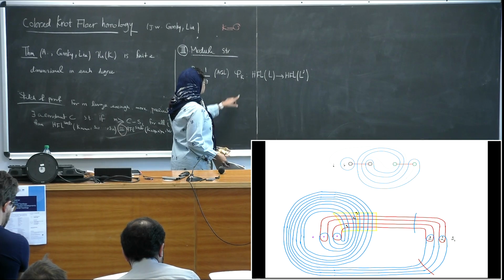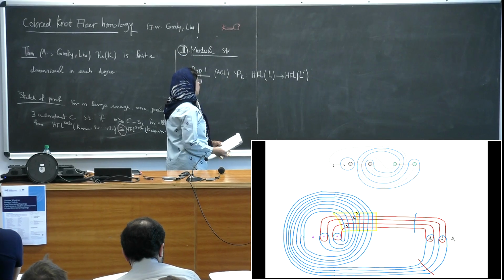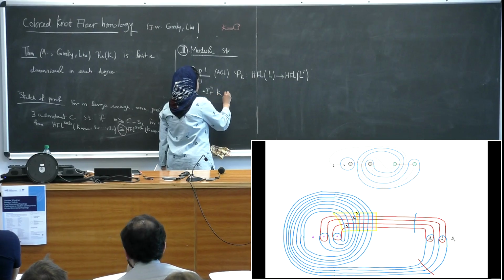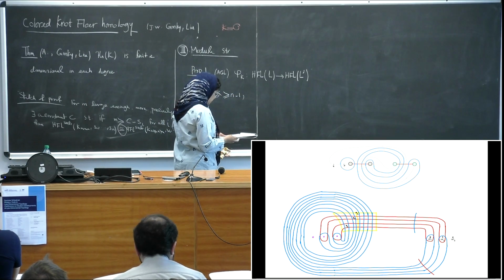Then there are lots of relations between these cobordism maps. The first set of relations is that if k is greater than or equal to n minus 1, then everything can be described by phi n minus 1.